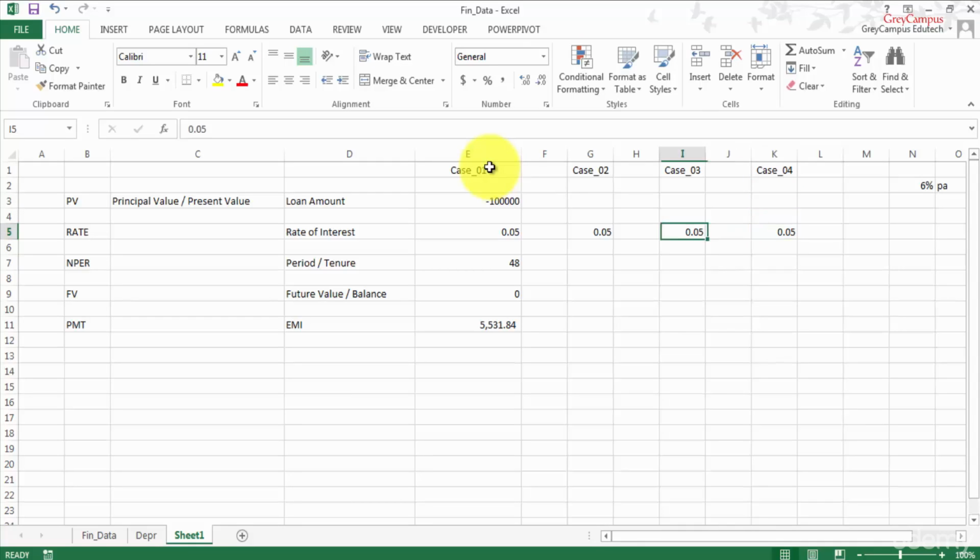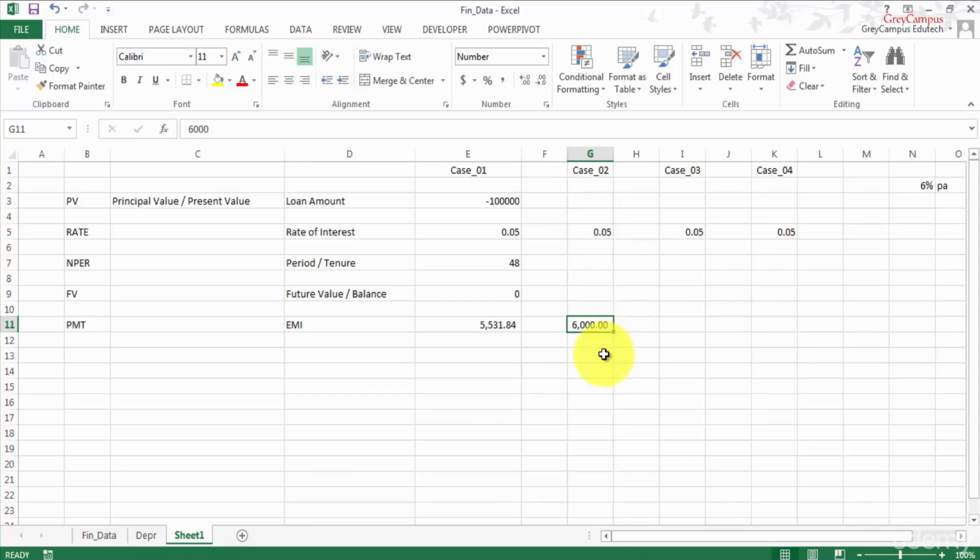Now in the second case, I just want to check if I am capable of paying, let's say, 6,000 as my EMI. First of all, we will format these cells so that whatever we write is in terms of finance.